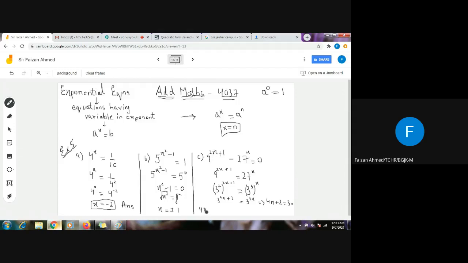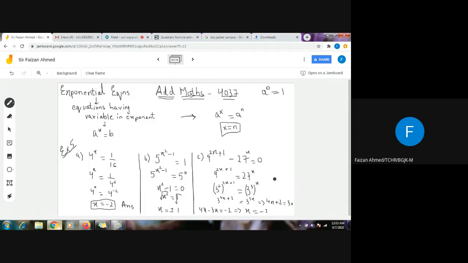I will shift this positive 2 to the other side. It will get subtracted and become negative 2, and I know that 4x minus 3x will be x, and the value of x is equal to minus 2. So this is my answer.